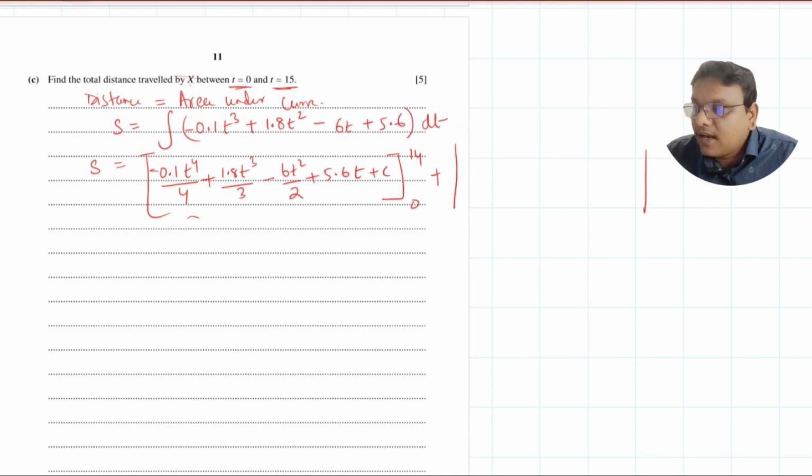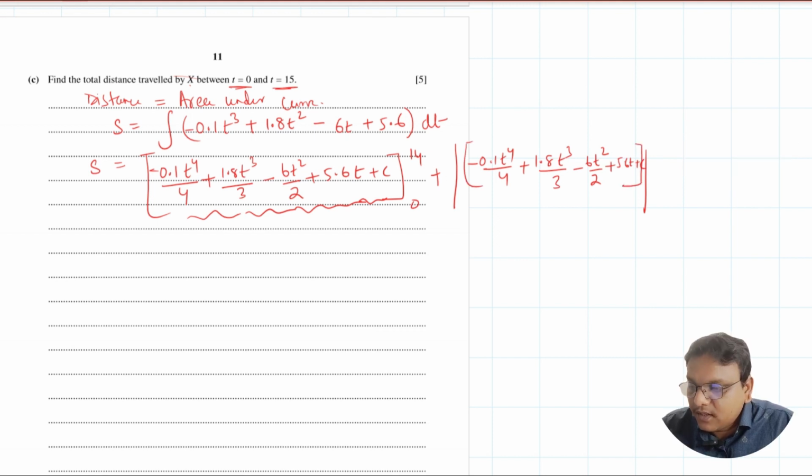Do you understand? Absolute value of this same thing, right? Distance cannot be negative, right? So here again I'm writing minus 0.1 t power 4 over 4 plus 1.8 t cube over 3 minus 6t squared over 2 plus 5.6t plus c, and this limit we will take from 14 to 15, and definitely this will be the absolute value of this one, positive value.